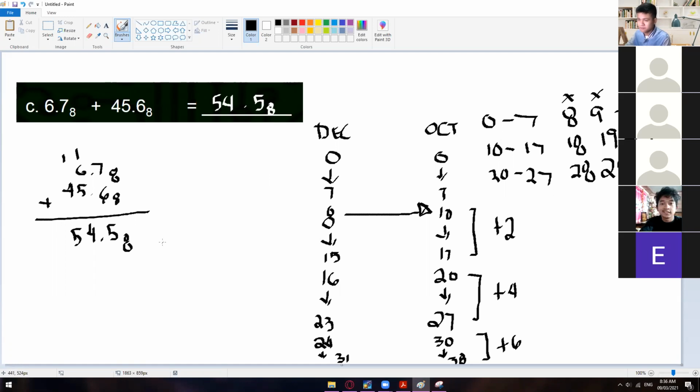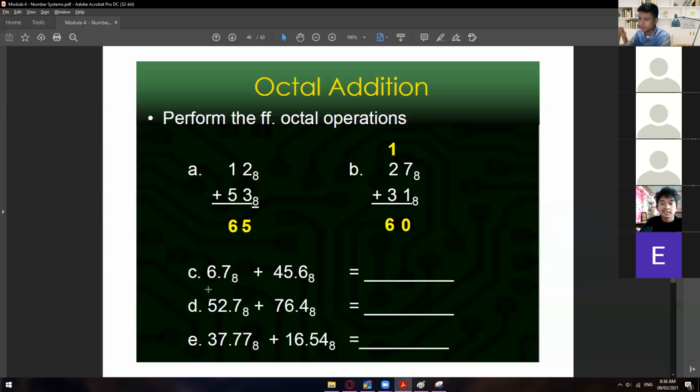So just let me know if you guys are confused in some parts so we can go over that one again. All right, so I will leave letter D and E as your practice activity. So make sure to answer those, and if you're not sure with your answer, just message me. You just show me your answer and how you did it, so that I can guide you.